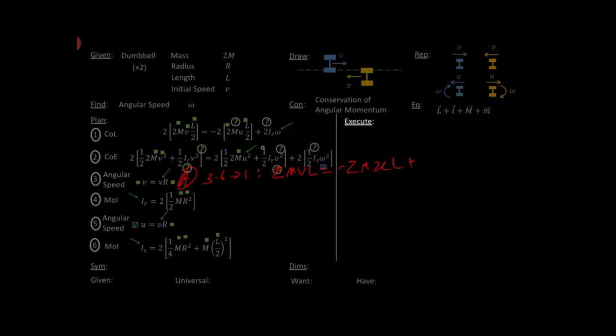We have 2IS omega. Omega is just omega, that's what we're looking for. IS is 1/4 times 2 is 1/2, and that's a quarter as well, so it's 1/2. Is that right?